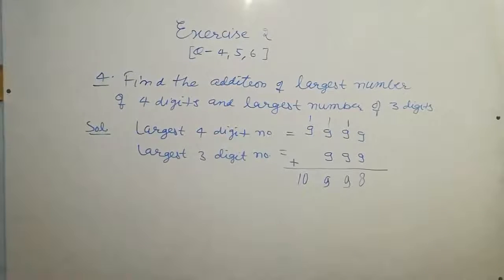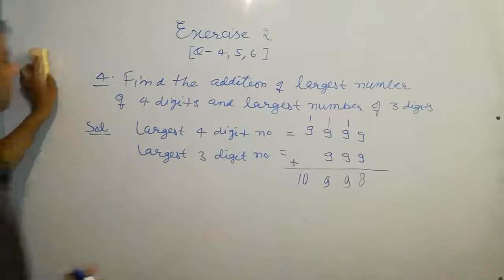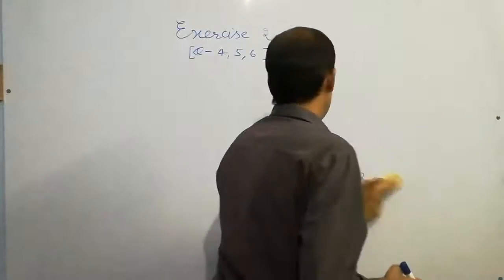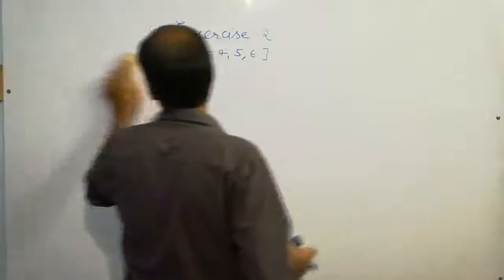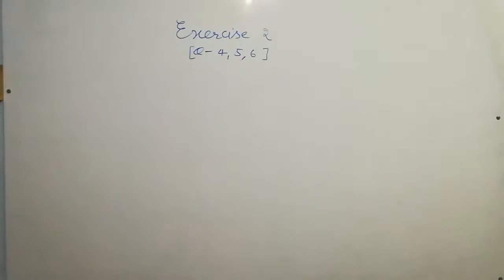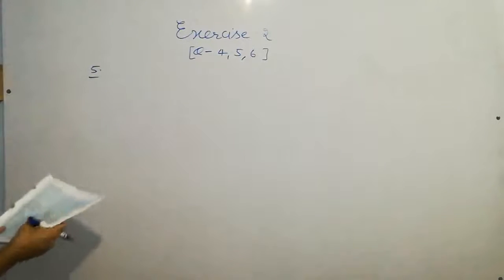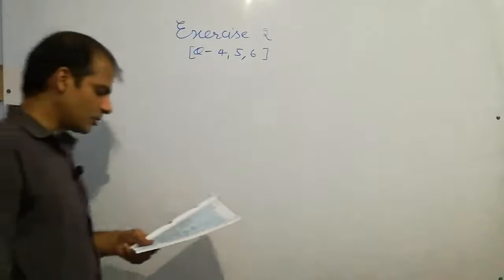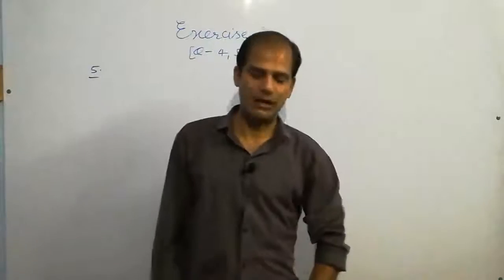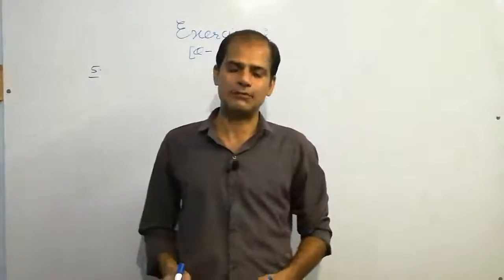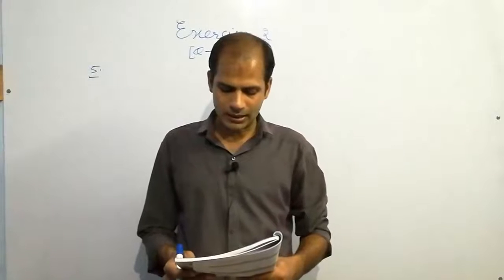Next question is question number 5. These questions are basically related to addition and subtraction. Ramesh deposited rupees 2850 in January and rupees 3650 in February in his bank account.